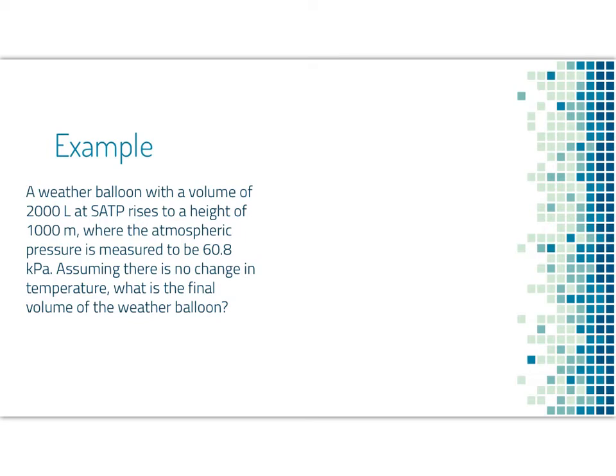What we're going to start with is writing out what we know. I like to just make a little list. And then I just note here that temperature was constant, because there is no change in temperature. So I know that I'm using P1 V1 equals P2 V2.